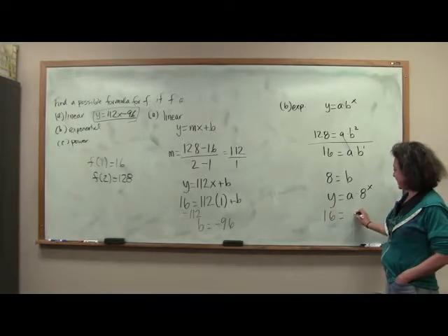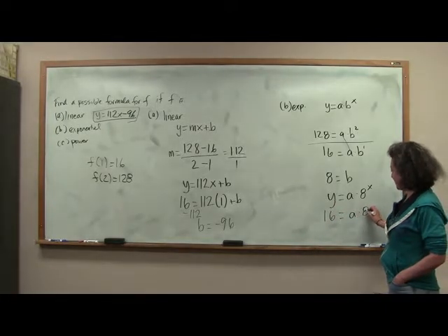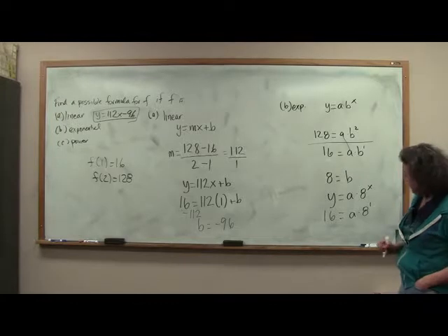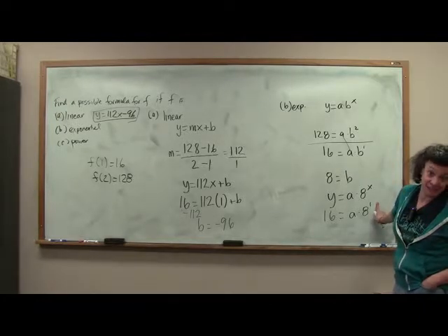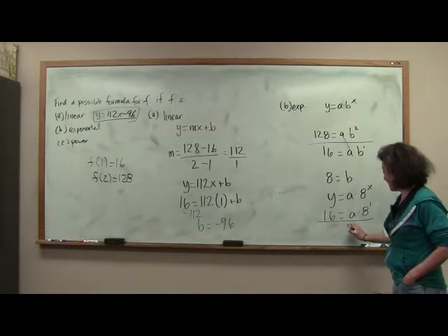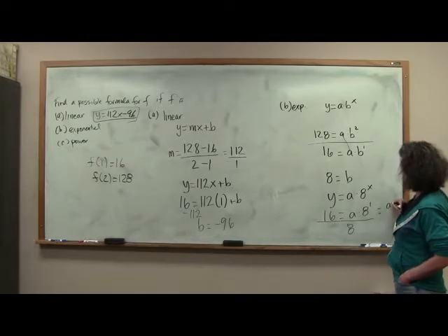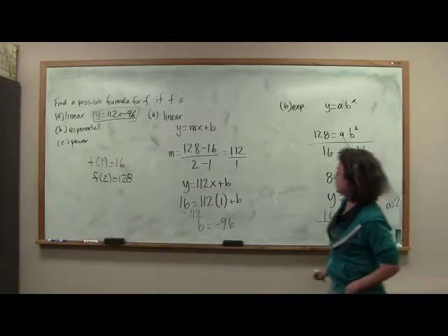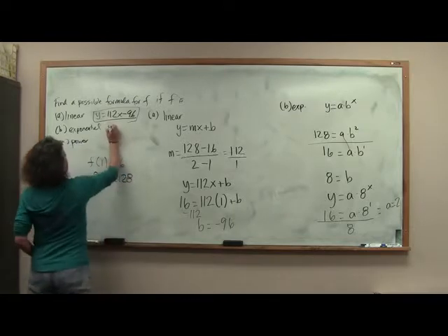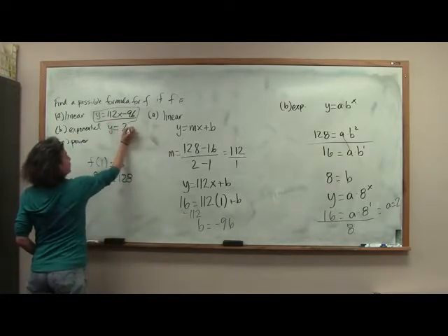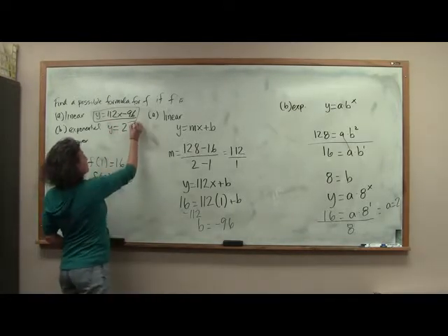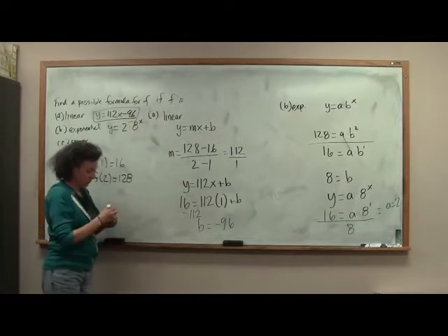I have 16 is a times 8 to the first power. Well, 8 to the first is 8. We can divide both sides by 8 and we'll get a to be equal to 2. So if this is an exponential function, we're going to get 2 times 8 to the power of x.